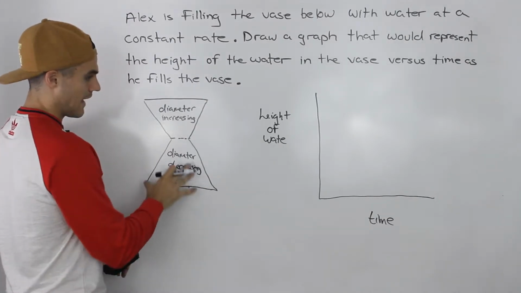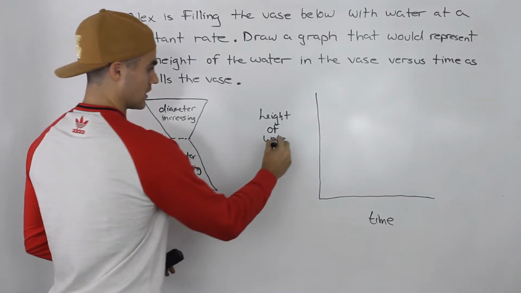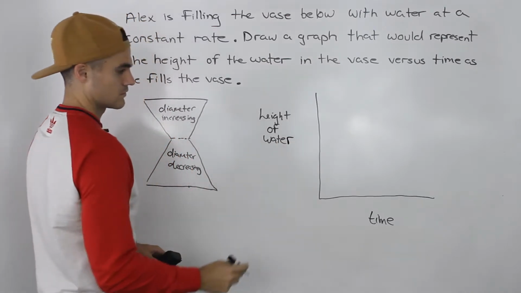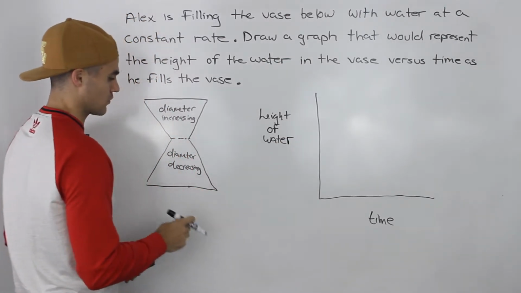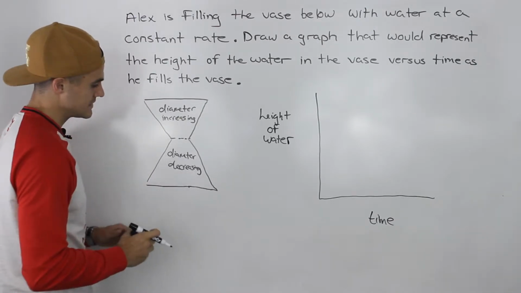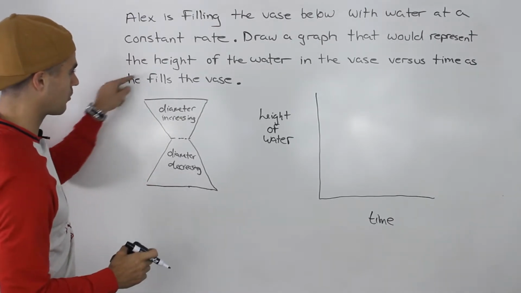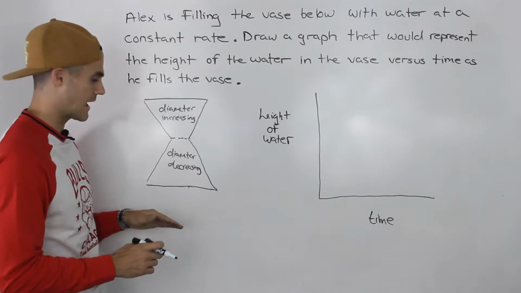Okay, so that is going to affect our height of water versus time graph in different ways. When the diameter is decreasing and we're pouring in water at a constant rate, what's going to happen?